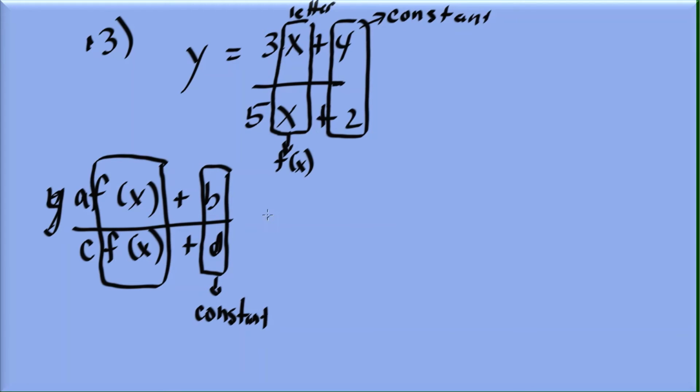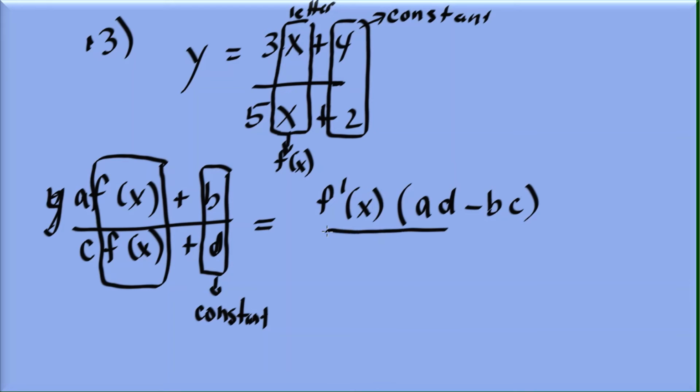The way we can get the derivative without the quotient rule is this: you simply get the derivative of the function f of x, which is f prime of x, and multiply it by AD minus BC. I'm sure you have seen this before.